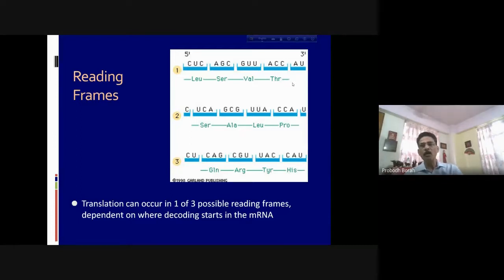Then we shall have to find the initial codon, that is AUG in the messenger RNA, because in all protein sequences, methionine constitutes the first amino acid residue. So AUG is the start codon, and towards the upstream of that start codon, there will be the transcription start site and the promoter sequences.